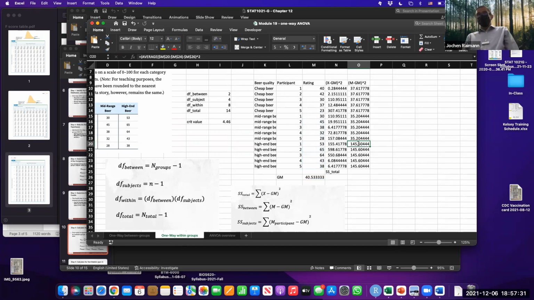And again, if somebody asks about the differences and why R is easier, this is like one line of code. So you have average M20 to M24 for the high-end beer, M15 to M19 for the mid-range beer, and M10 to M14 for the low-range beer.